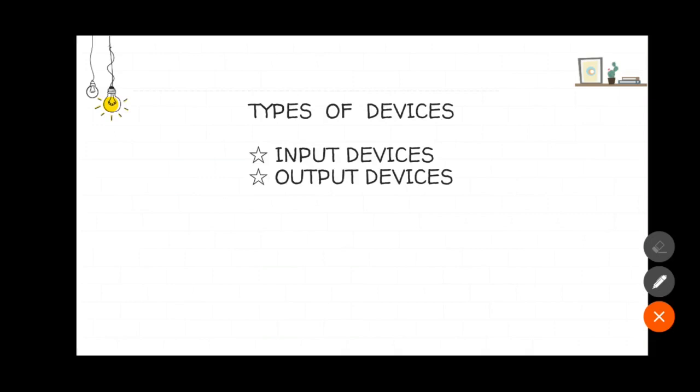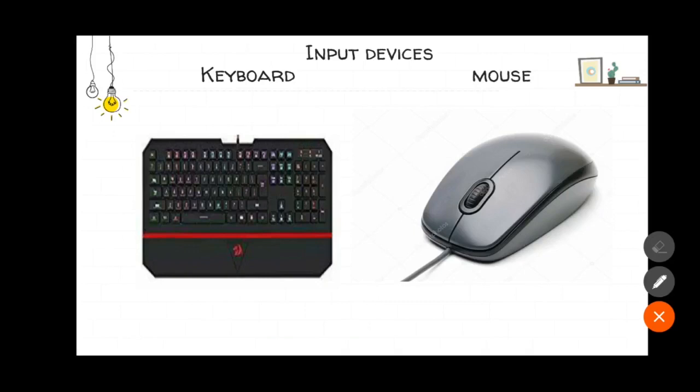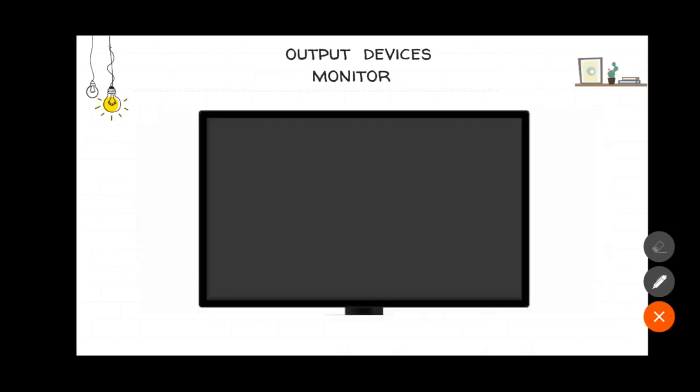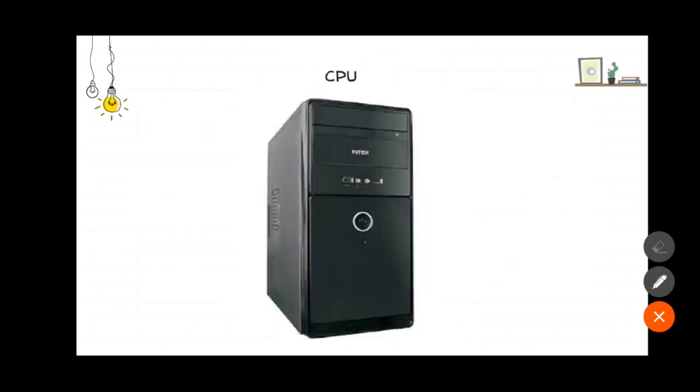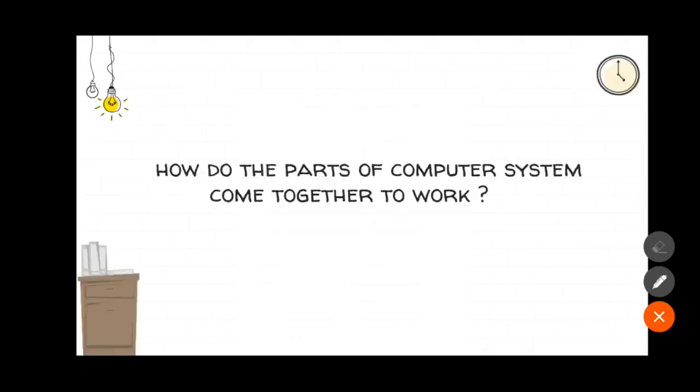Input devices are keyboard and mouse, and output devices are monitor, printer, and the CPU, where all the memory is present and all the data is processed. How do the parts of a computer system come together to work?